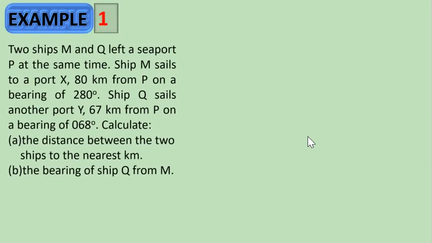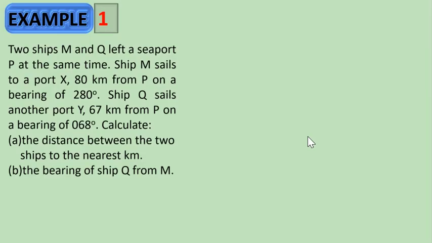Now we have a question. The question reads, two ships, M and Q, left a seaport, P, at the same time. Ship M sails to a port X, 80 kilometers from P on a bearing of 280 degrees. That's 3-digit format.